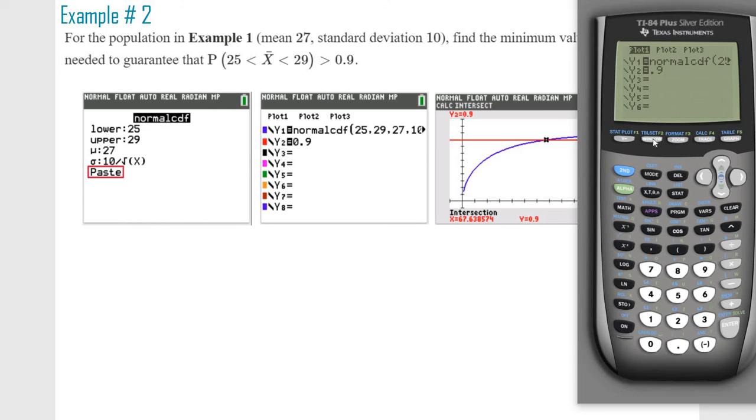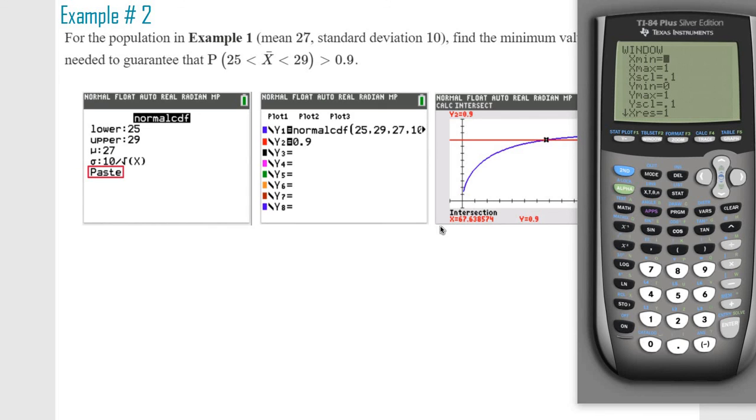And then I'm going to adjust my window. Y, the output, is the probability, so that should go from 0 to 1, with a scale of 0.1.